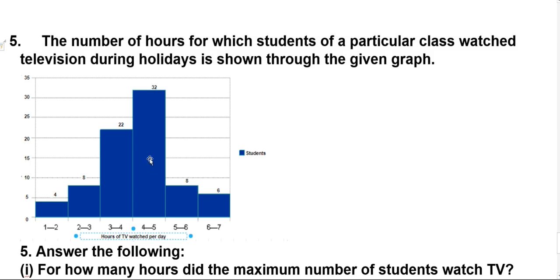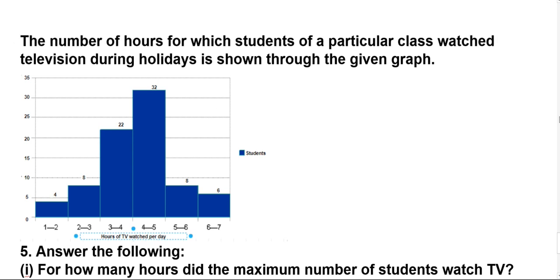Okay, here students, this one is students, this is the number, interval is 5, each 0 to 5, 10, 15, 20, 25, 30, 35, and hours 1 to 2, 2 to 3, 3 to 4, 4 to 5, 5 to 6, and 6 to 7 hours on the base. Here the data is already given.